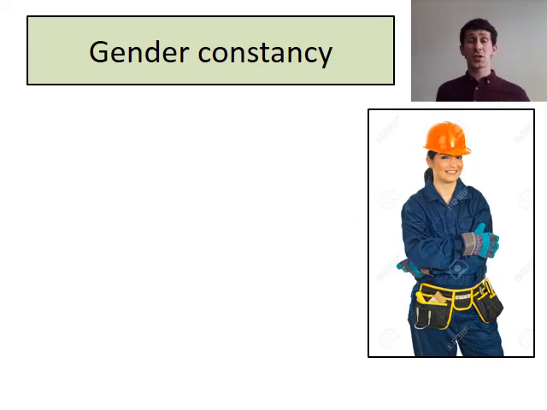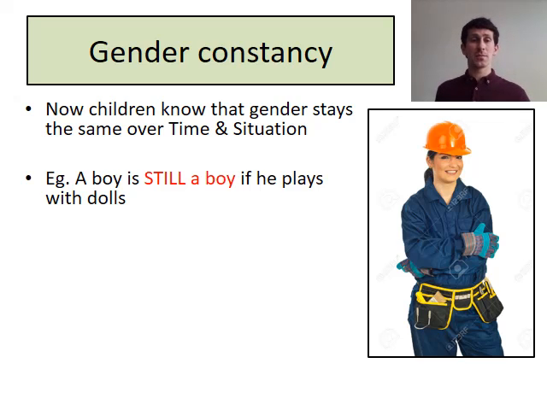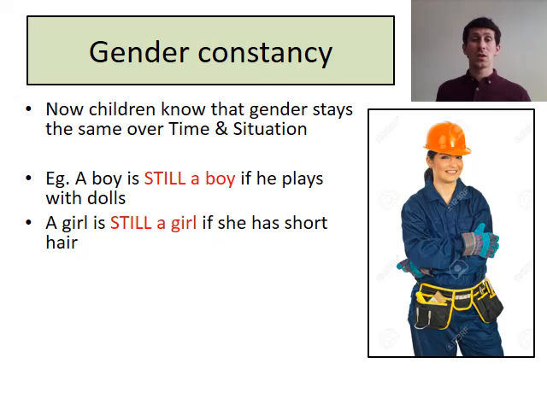So a few more examples just to clarify this gender constancy stage. They now understand that gender is constant over time and over situation. So a boy is still a boy even if they play with dolls. A girl is still a girl even if they have short hair. Children now have a deeper and more sophisticated understanding of gender by the age of 6.